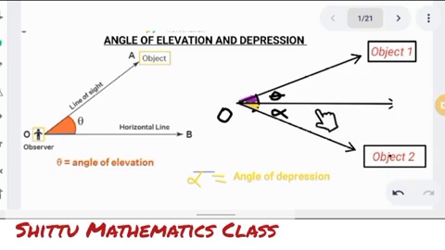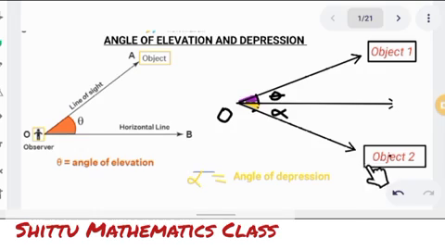As I said, any angle that is found between the horizontal line, that is the normal height level, and the line of sight, you can see this object one here is above this horizontal line. It means this angle formed by this horizontal line and this line of sight is called angle of elevation.